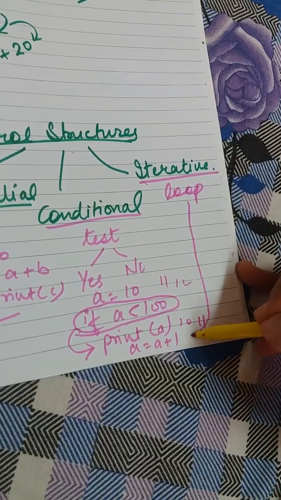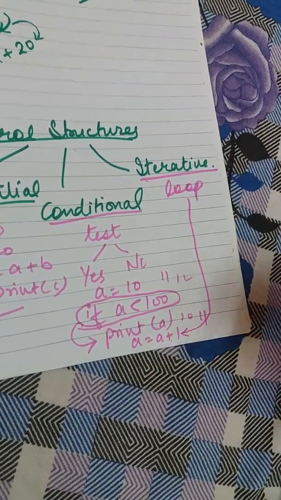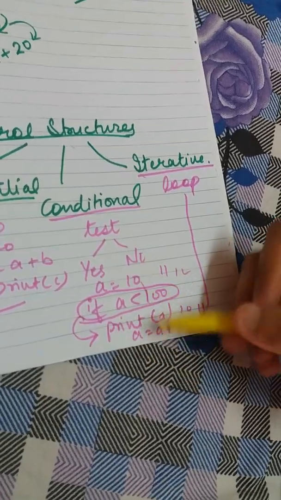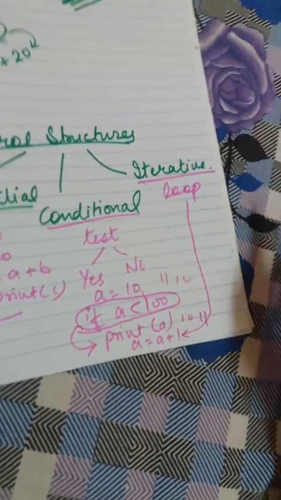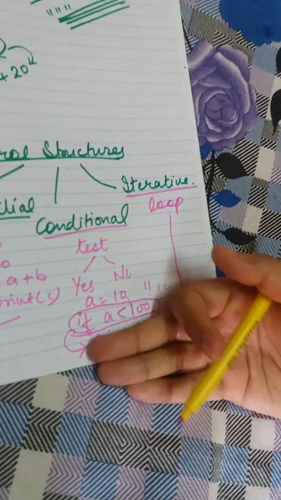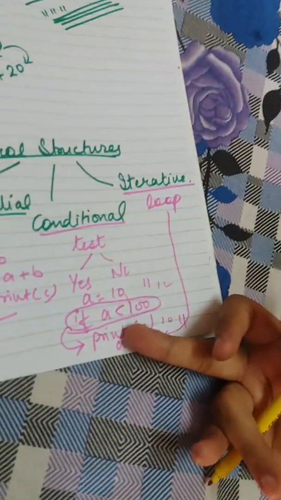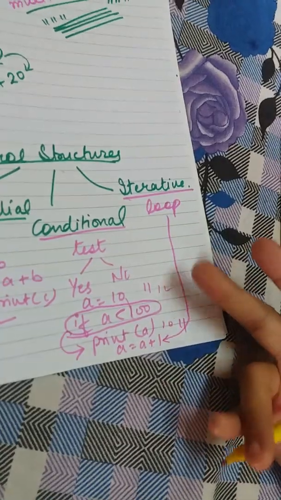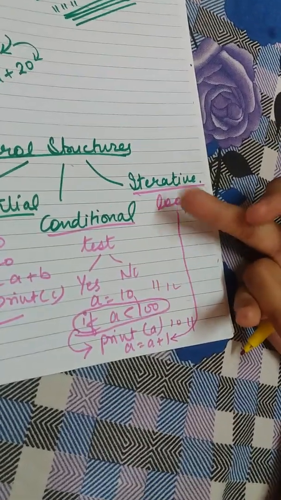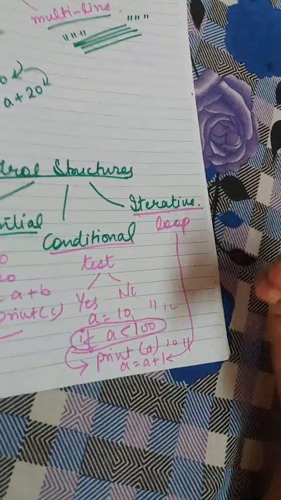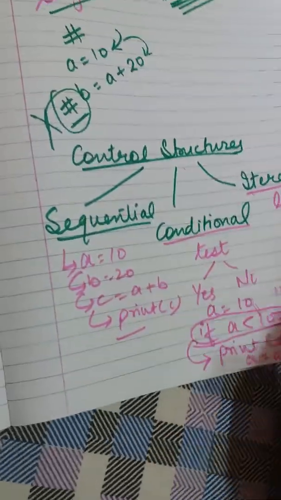So loop means when you are changing some kind of value and the same thing is getting repeated again and again. Until it was a test condition, it was the conditional control structure, and when the same set of instructions are repeated again and again, then it has become your iterative. Iteration means loop or repetition. Okay, so this is known as your control structures.